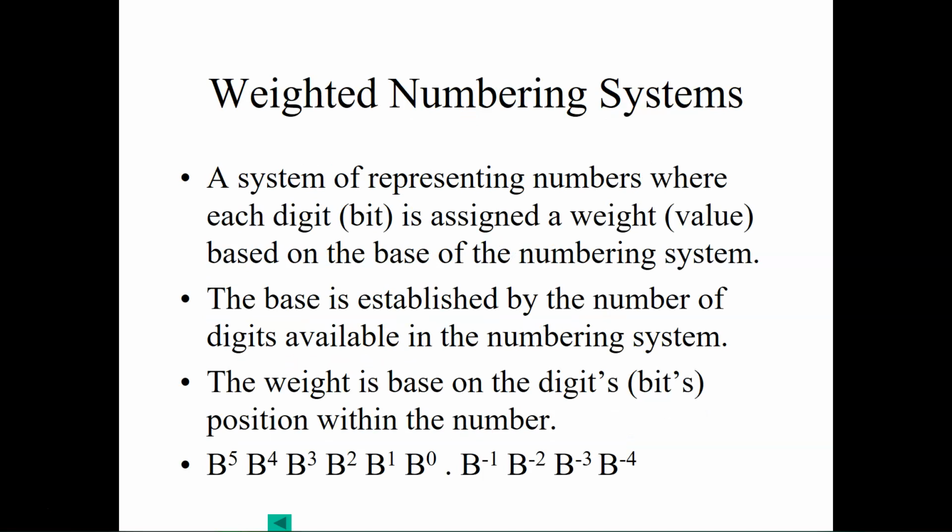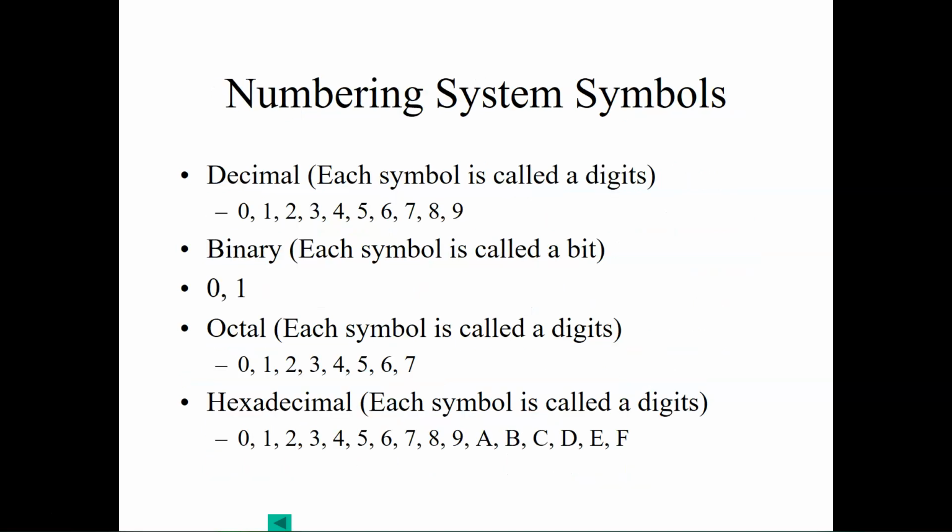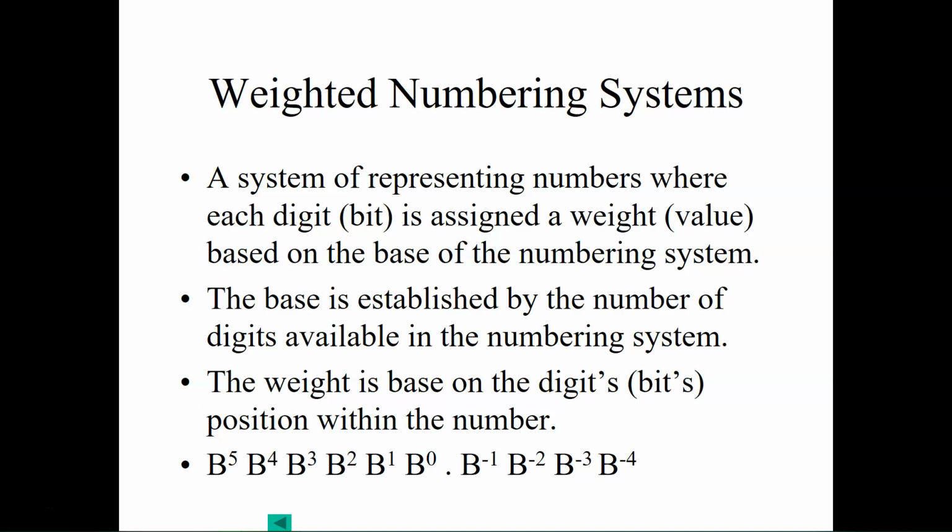So technically, if you really and truly think about it, with numbers, even in decimal format, they don't really mean anything unless we give them what? Unless we give them a weight, unless we give them a reason to be.